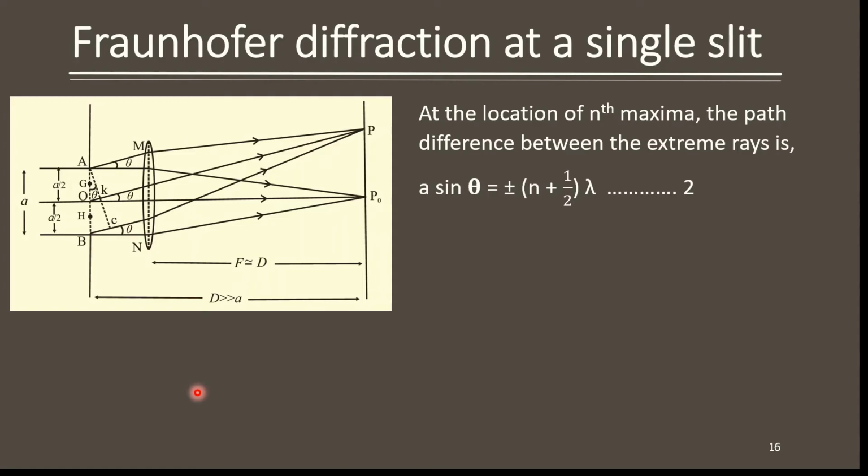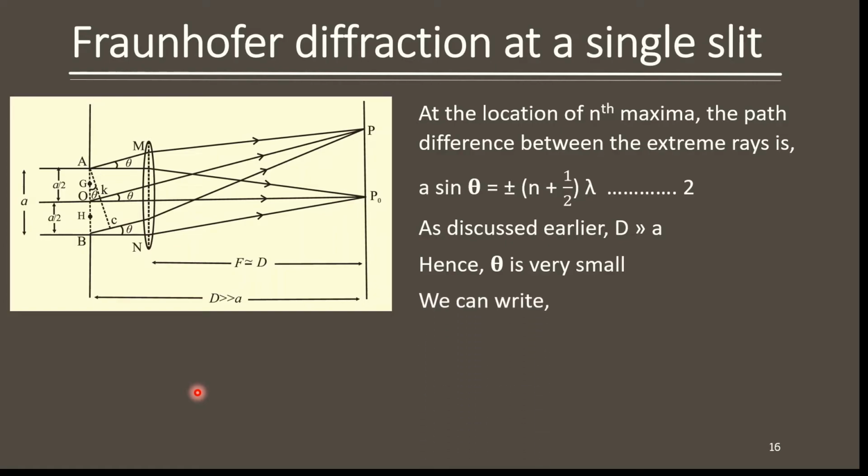As discussed earlier, D is greater than a. Hence, theta is very small. Thus, if it is expressed in radian, we can write sin theta is approximately equal to tan theta is approximately equal to theta is equal to y upon D, where y is the distance of the point P on the screen from the central bright point.